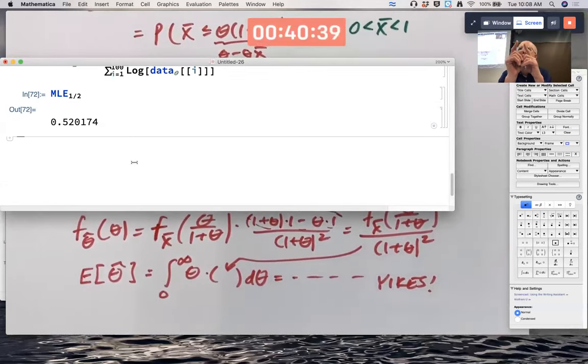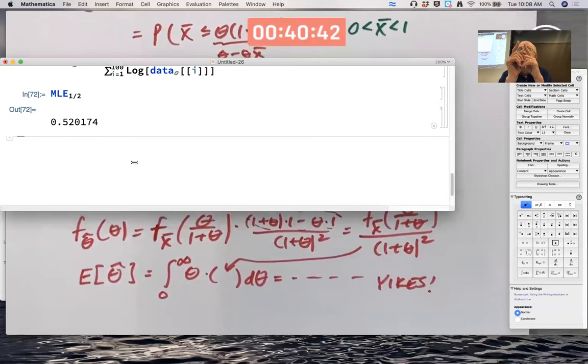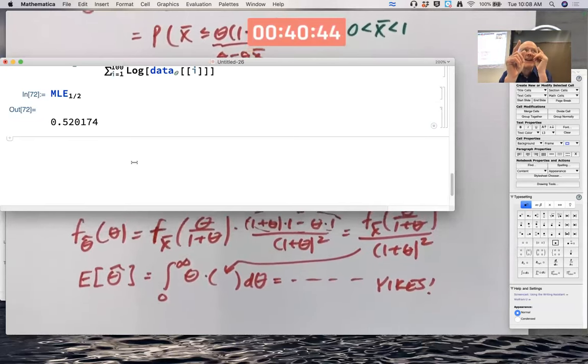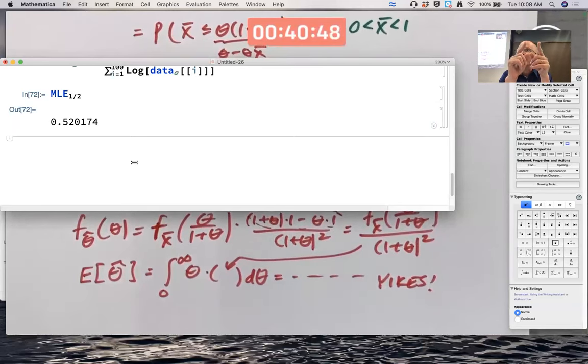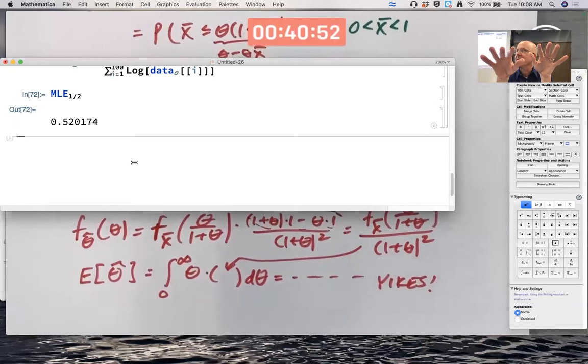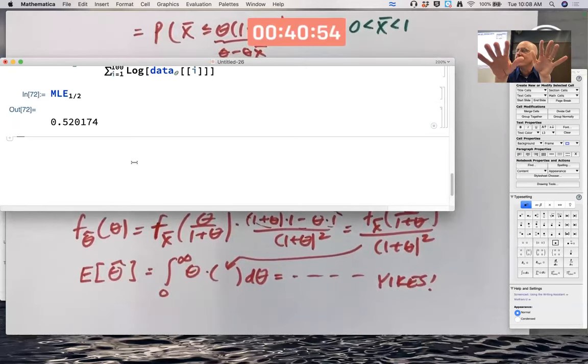Remember what we talked about recently since spring break. If you want to find the PDF of a sum of two random variables that are independent, we are assuming independence here, by the way, because we got random sampling, that can be found by doing the convolution of their two PDFs.